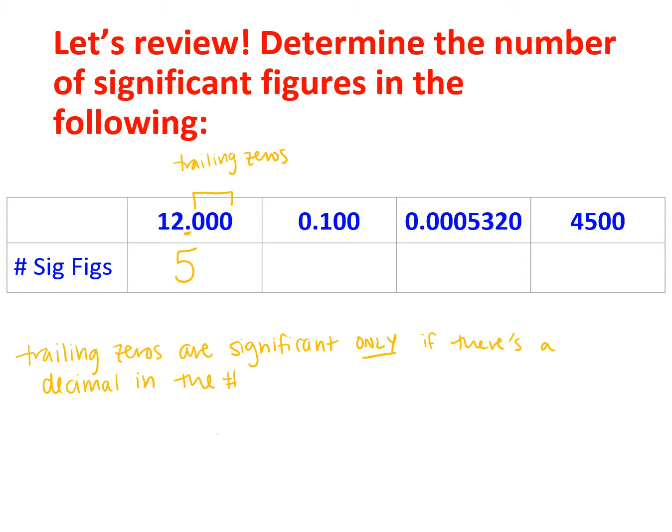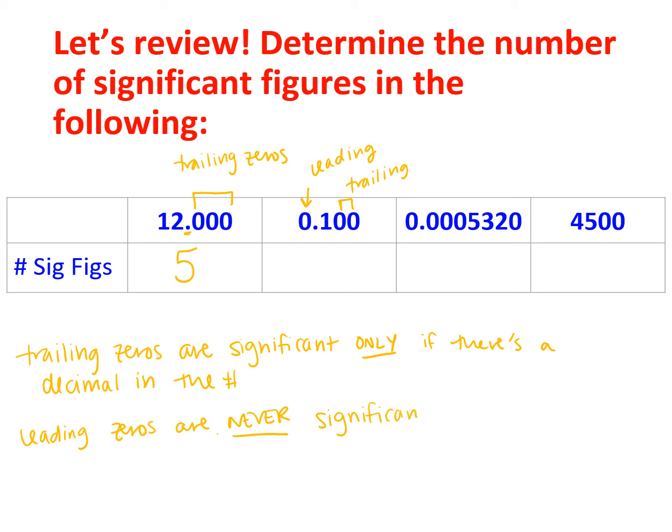In our next example, we see again that we've got some trailing zeros, but we also have a leading zero. And we remember from our sig fig rules that leading zeros are never significant. There's no contingencies on that.